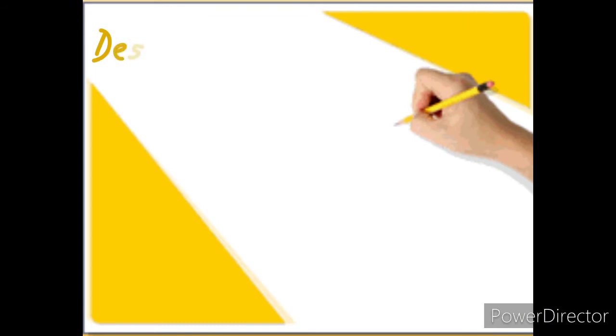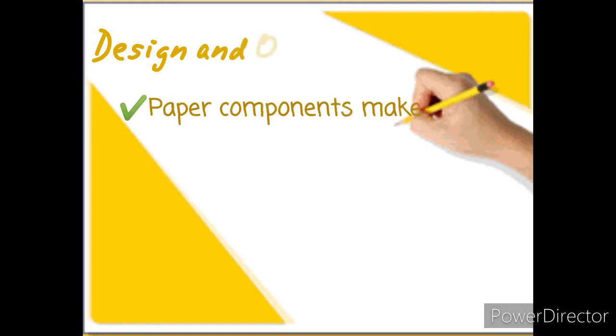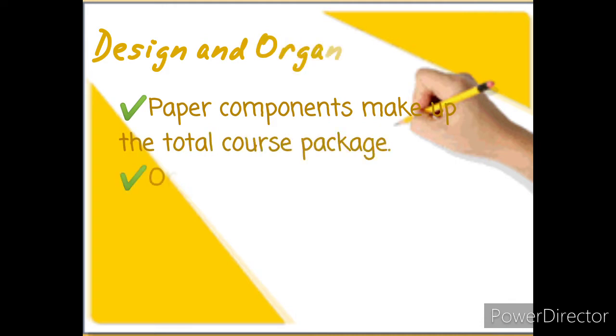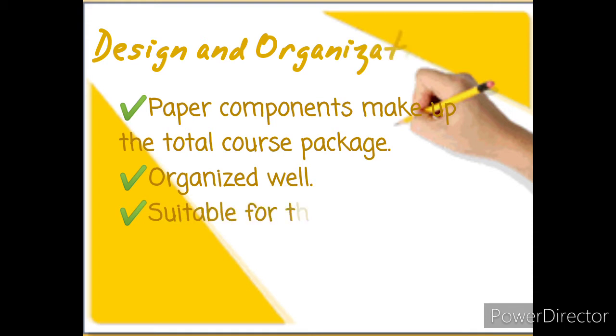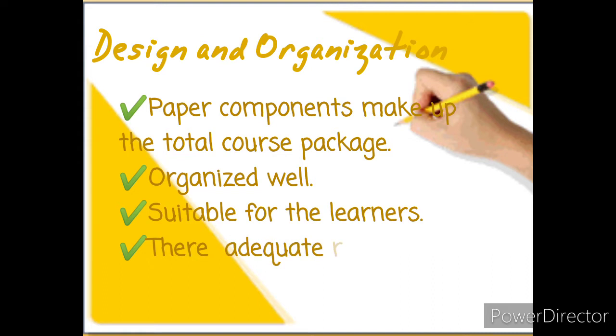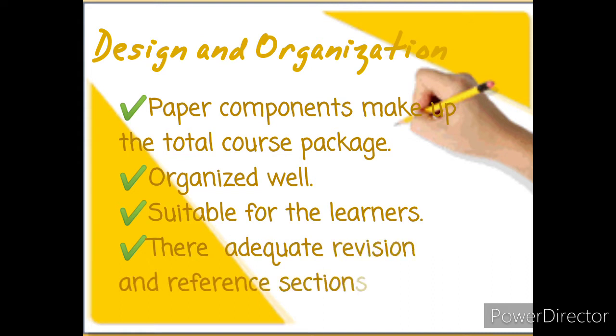The second analysis we are going to evaluate is based on design and organization. Paper components make up the total course package in this coursebook. The coursebook organizes its content by offering the material at the beginning of each chapter along with examples, and at the end of each chapter there are instructions to practice and exercises.